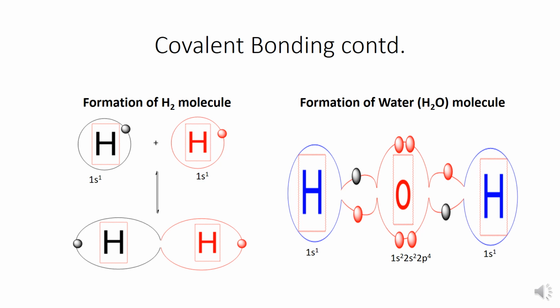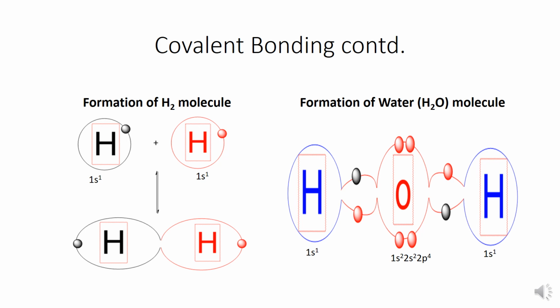At this point, the two 1s orbitals will blend to form a molecular orbital bearing these two electrons, the black electron and the red electron revolving around the molecular orbital. That is the point at which the black and the red hydrogen bond to form the hydrogen molecule.